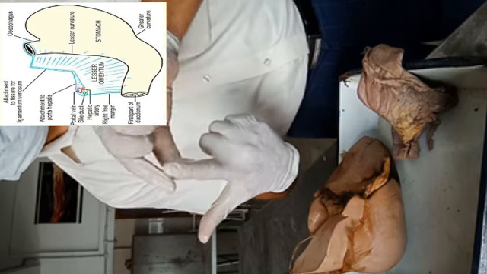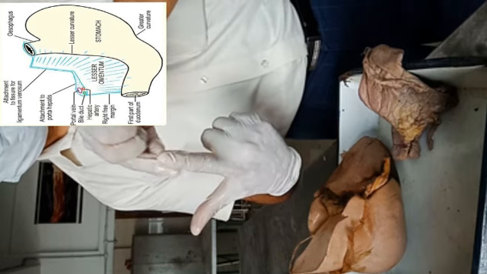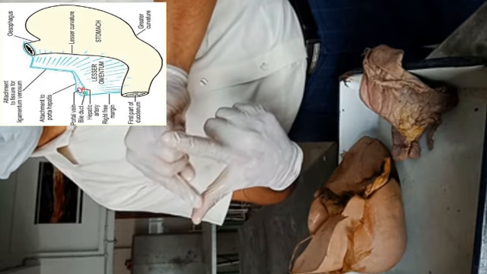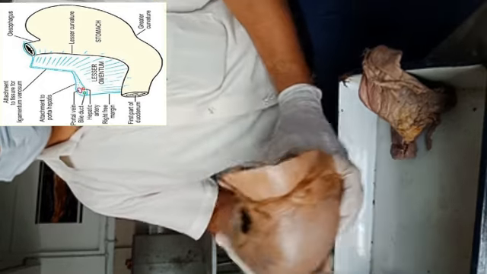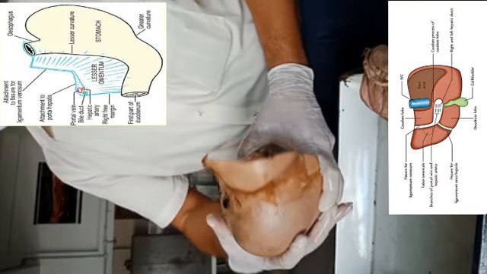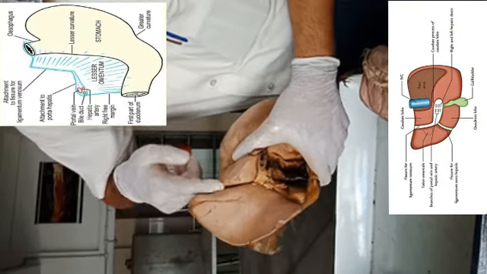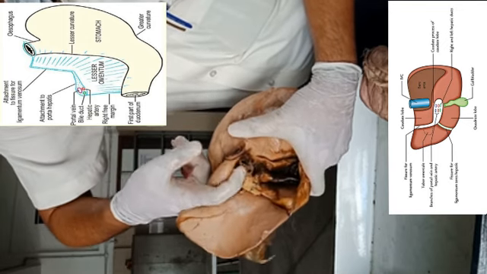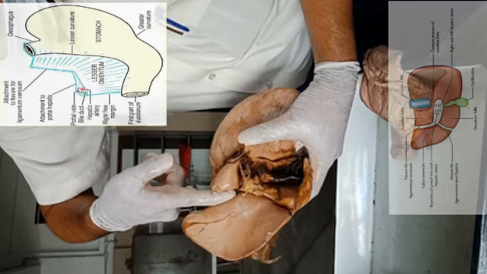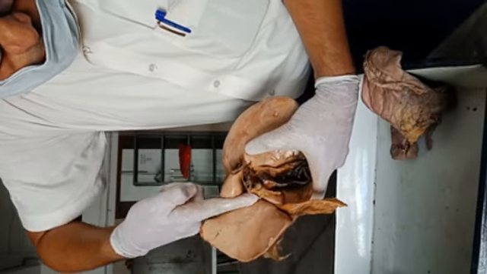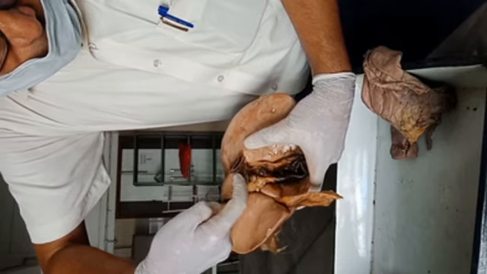This part is attached to the fissure for the ligamentum venosum, and this part is attached to the porta hepatis. Now you compare, this is the right side, left side. Can you see this fissure for the ligamentum venosum, and it is coming like this way. So it is J-shaped, the fissure for the ligamentum venosum up to the porta hepatis.